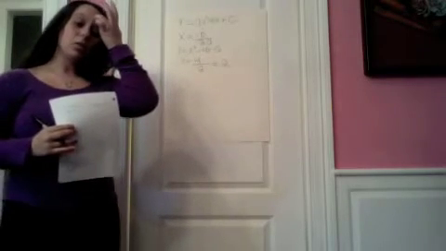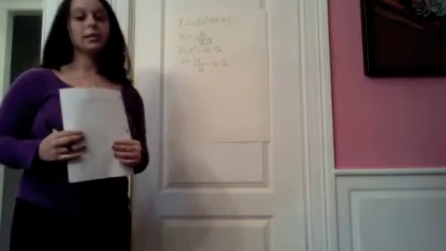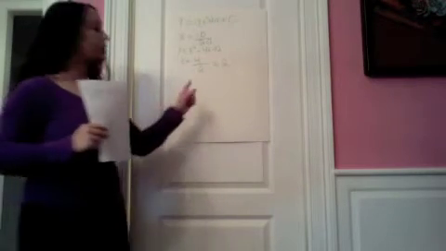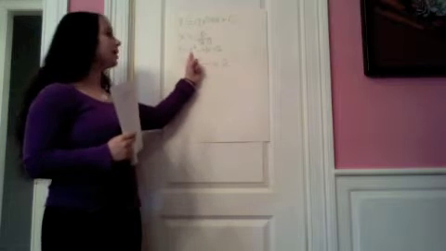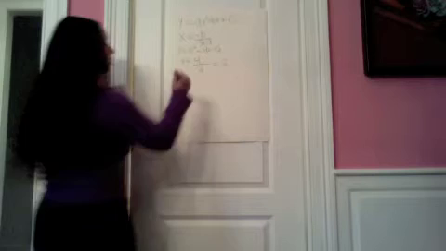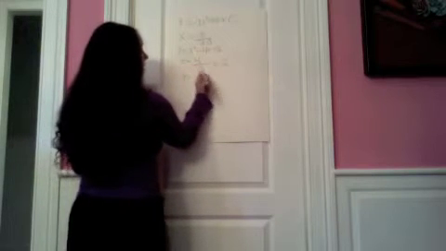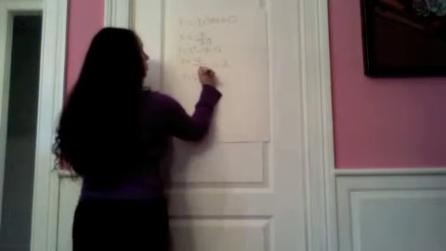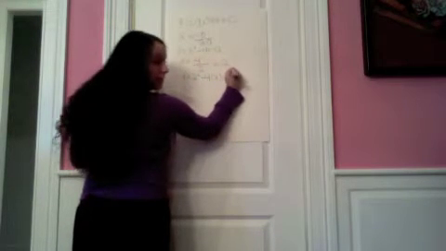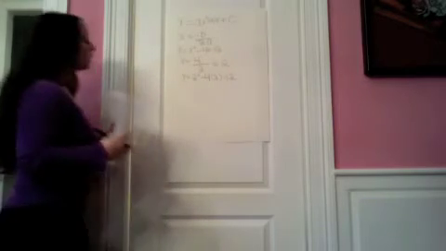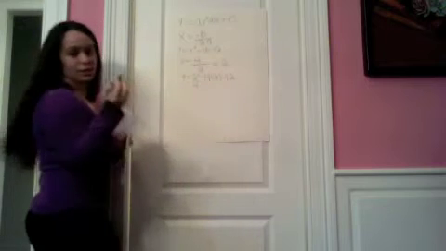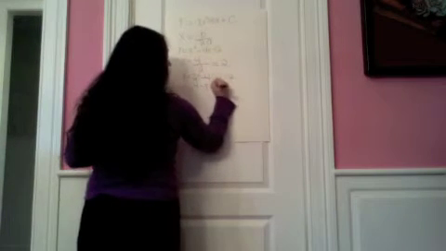Now, to get the y-coordinate of our vertex, we just have to plug the x into the original equation. So we're going to plug in the 2 into y equals x squared minus 4x minus 12. So y equals 2 squared minus 4 times 2 minus 12. 2 squared is going to give us 4, minus 4 times 2 is 8, minus 12.